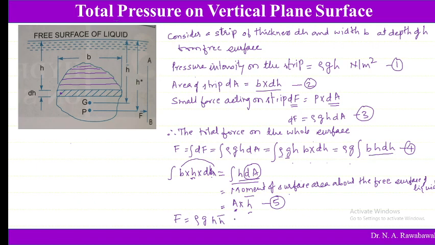So this is the force or total pressure acting over a surface which is submerged vertically in the liquid, where rho is the density of the liquid in which this surface is submerged, and h bar is the distance of the center of gravity of the plane surface vertically submerged into the liquid.